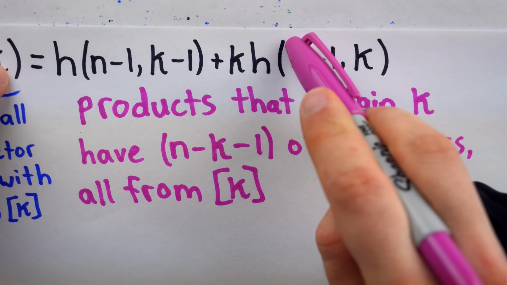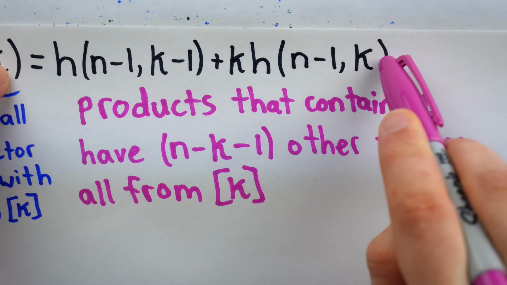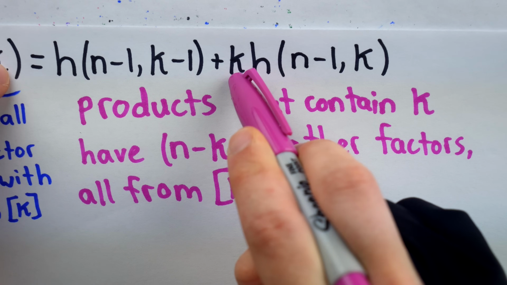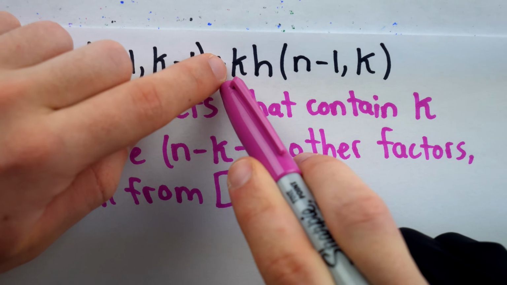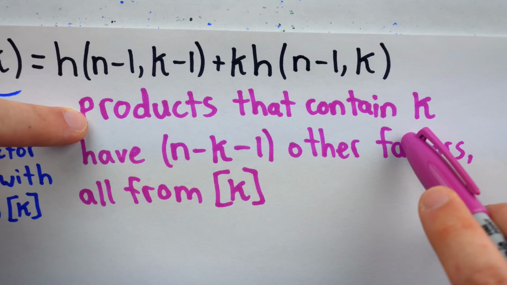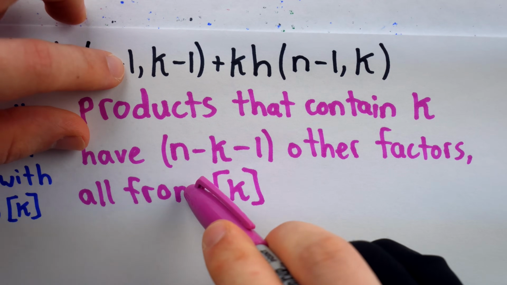So you can imagine all of the terms in the sum represented by this function have that factor of k, except we've factored it out, and that's why there's a k out here. Thus, in total, this product, k times this h function, is the sum of all products that contain k and n minus k total factors, where they are all from this set.